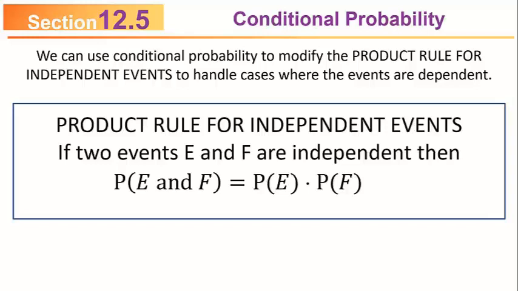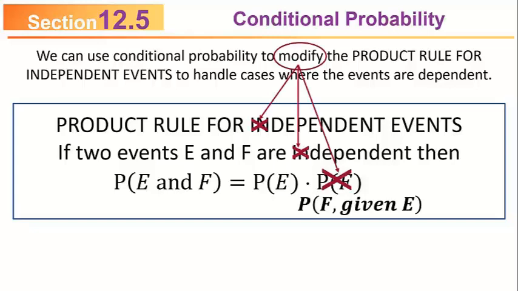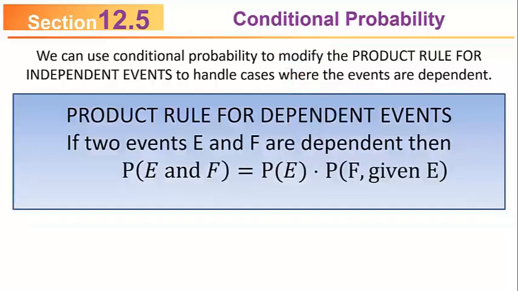Recall that the product rule for independent events says if 2 events, E and F, are independent, then the probability of E and F is equal to the probability of E times the probability of F. But if the 2 events are dependent, we can modify that slightly to say that the probability of E and F is equal to the probability of E times the probability of F given E. It's still a product, but you're using that conditional probability.